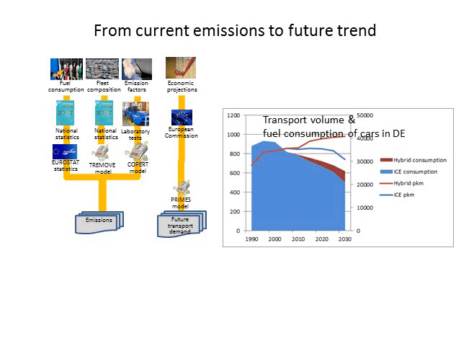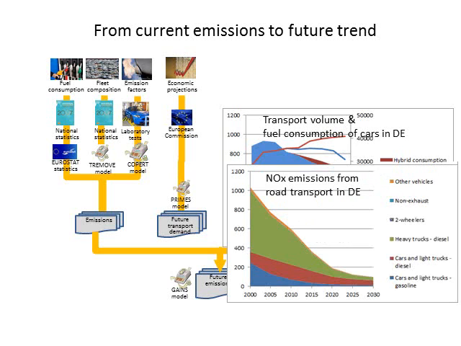At the same time, fuel consumption for cars is expected to decrease as a result of increasing fuel economy. This we use as input, and knowing now fuel consumption, the turnover of the fleet, their characteristics in terms of emissions and emission factors, we can get from one year of emissions to a future trend in emissions.